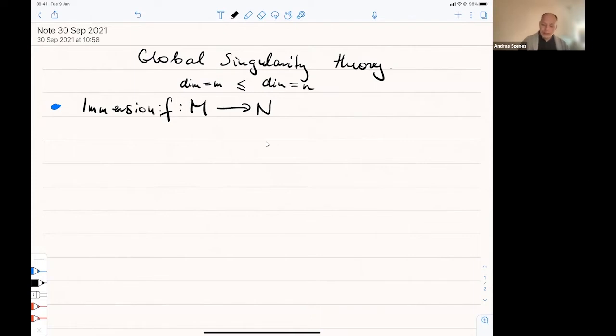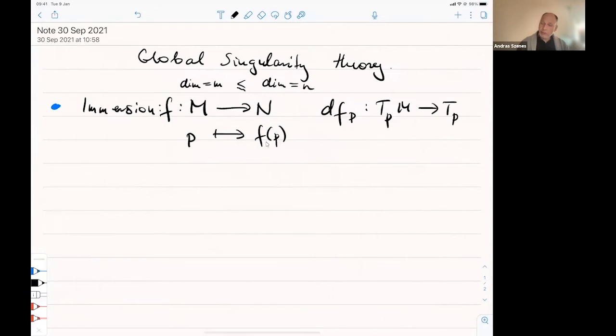I can take a point P in this manifold M, and then the image is F(p), and then we have a linear map dF from T_pM to T_{F(p)}N, right? And the condition of immersion means that this map is injective, or if you like, the rank is M.